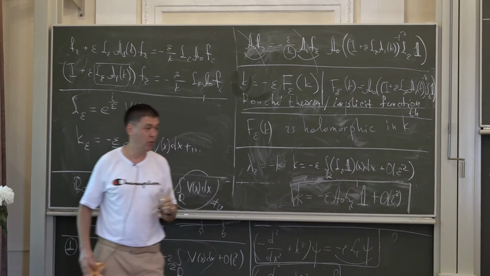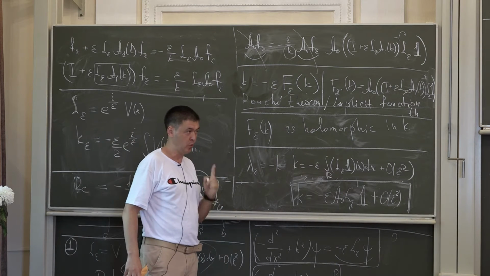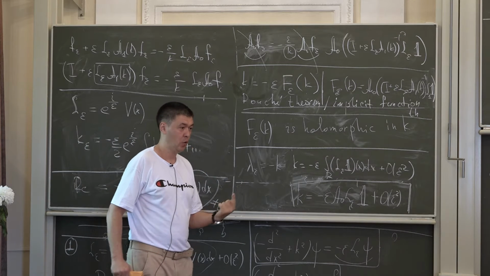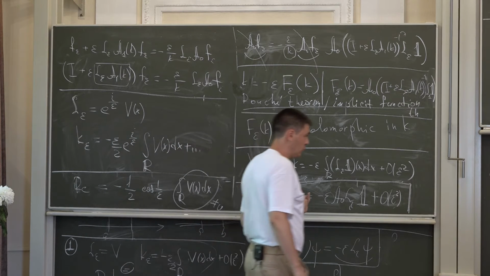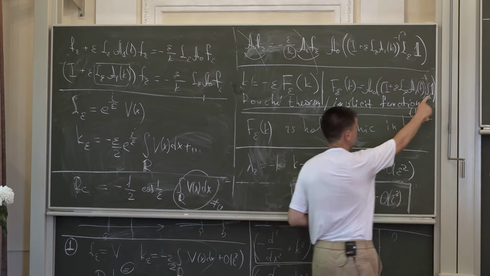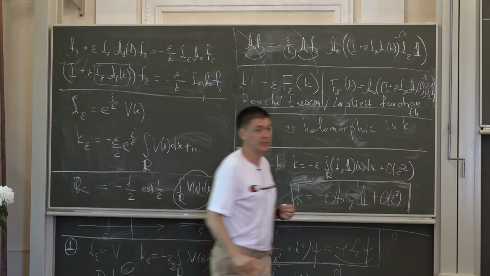So, but the main point is that for the unperturbed operator, we should know the structure of a meromorphic continuation of a resolvent. And also this one here, which appeared, it's not just by chance.